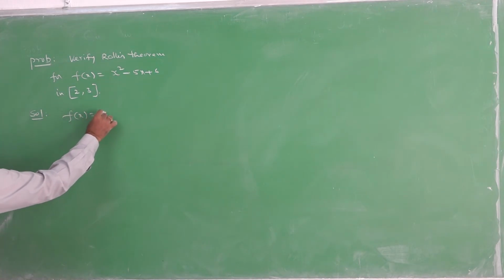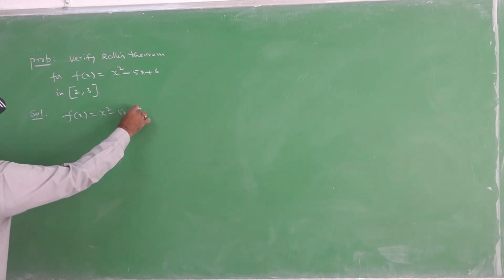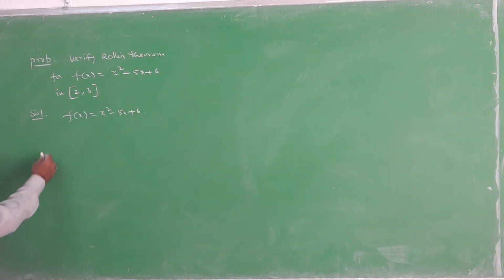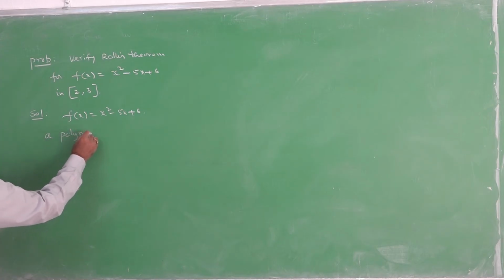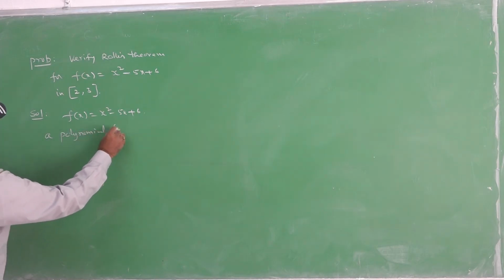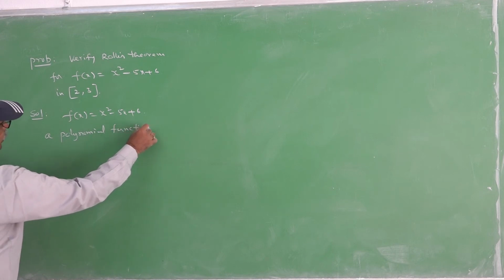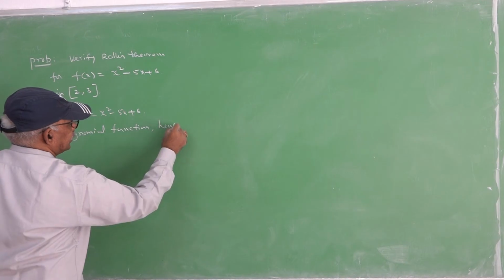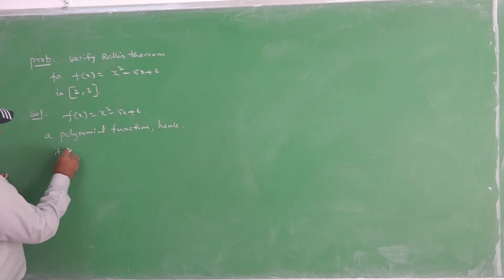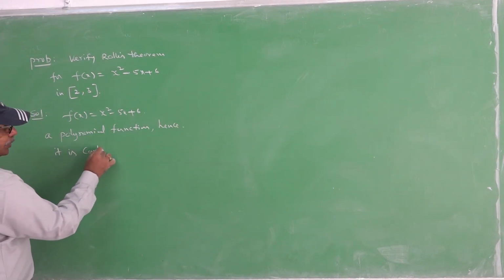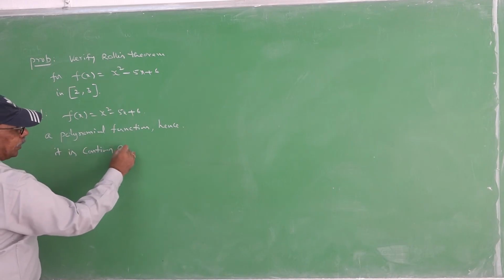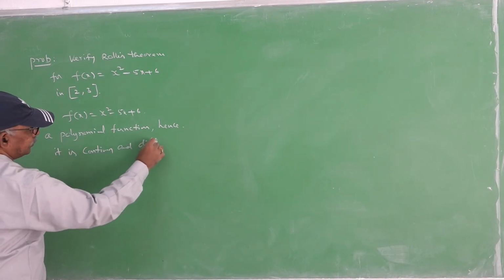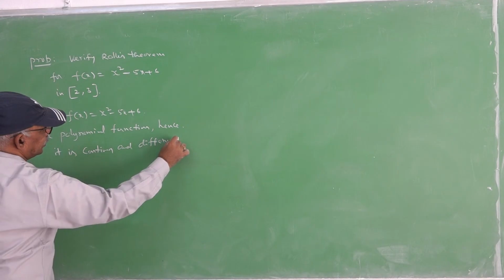f(x) equal to x square minus 5x plus 6 is a polynomial function of degree 2. Hence it is continuous and differentiable.